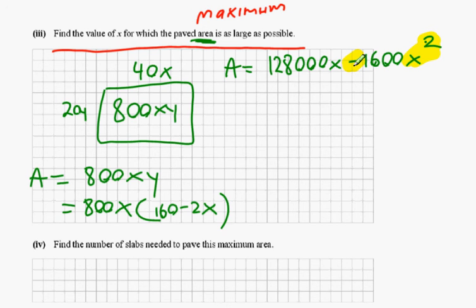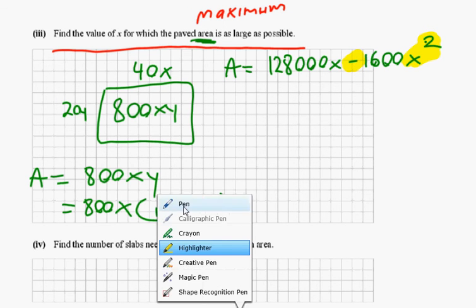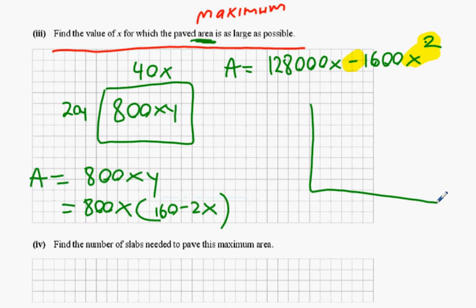Positive x squared is U-shaped. Negative x squared is N-shaped. So on a really basic level, there's going to be an N-shaped function. X is on the x-axis. So as x increases in value, you'll eventually come across a maximum, and then it'll go back down again, won't it?